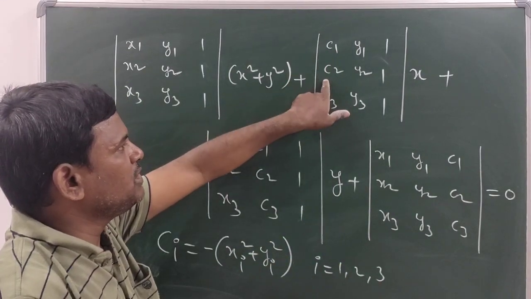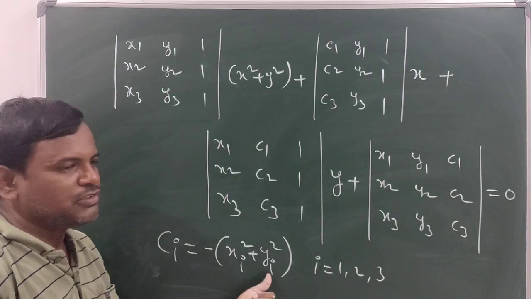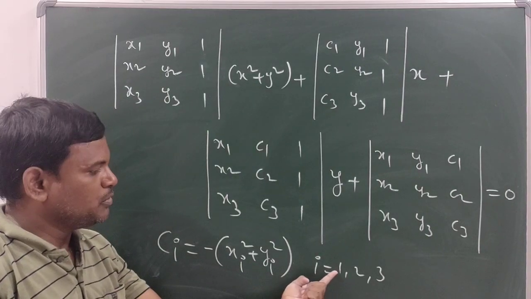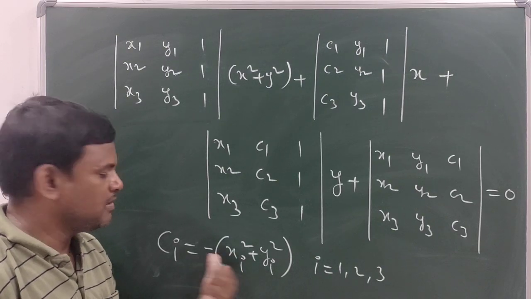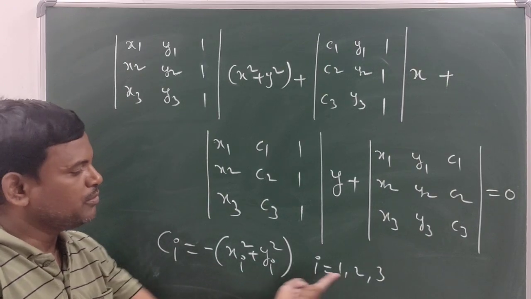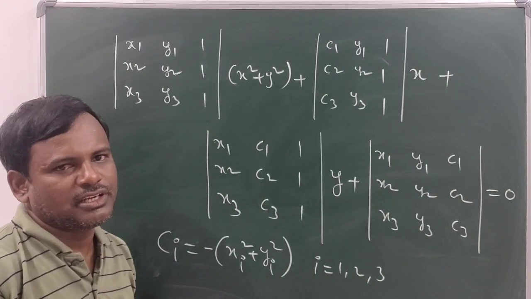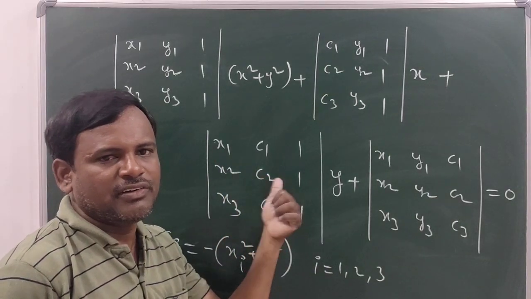What do you take for C1, C2, C3? C1 comes from x1 square plus y1 square. If you write i equal to 1, it becomes x1 square plus y1 square. That is C1. Write i equal to 2, you will get C2. Write i equal to 3, you will get C3. You have x1 y1, x2 y2, x3 y3 in the problem.